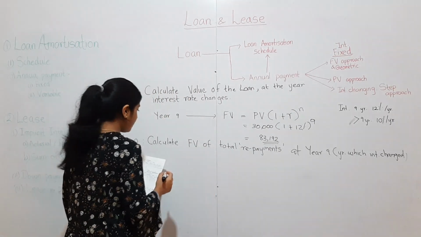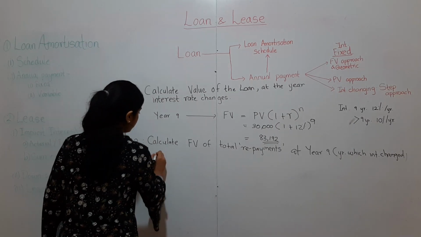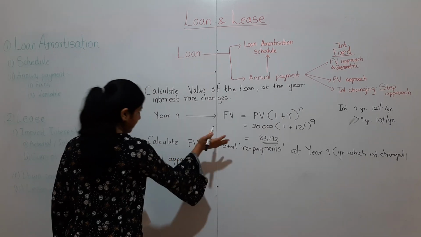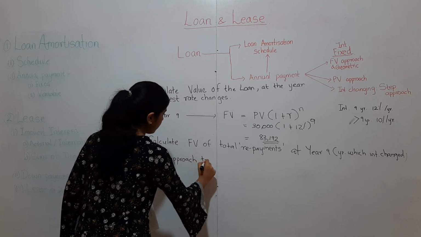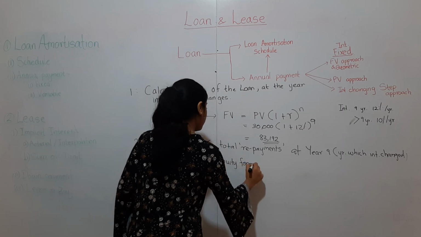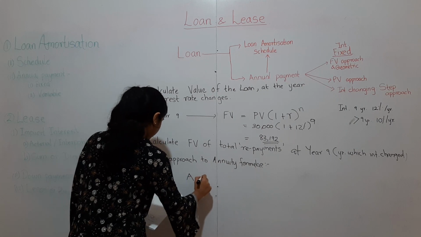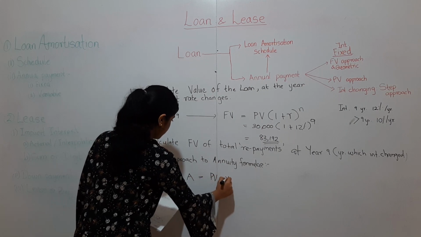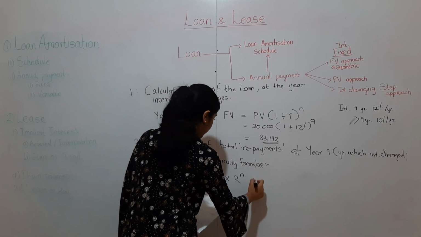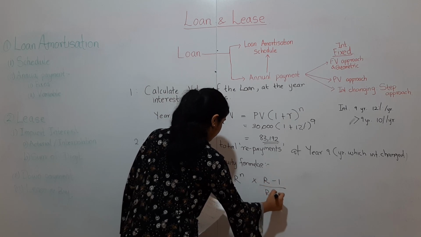So for the 25-year period, you will apply the present value approach to the annuity formula, as in the previous section of this tutorial. You should apply A equals, which they said they'll give in the exam, but better to memorize as well: present value into R to the power n multiplied by R minus 1, divided by R to the power n minus 1.